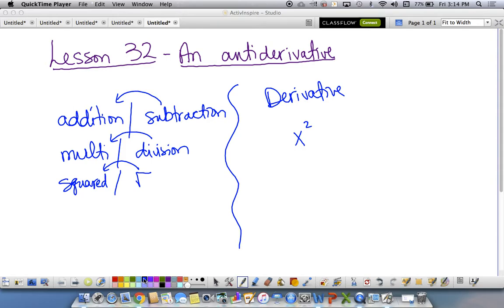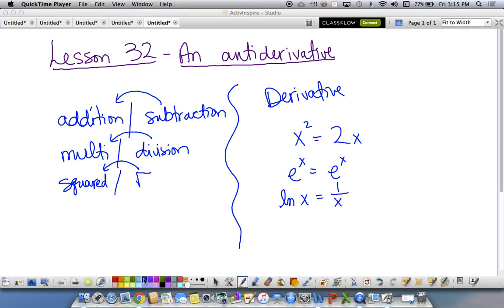What's the derivative of x squared? 2x, you all said that. What about the derivative of, this is a hard one, e to the x? We would say it is e to the x. What about natural log x? What's the derivative? 1 over x.